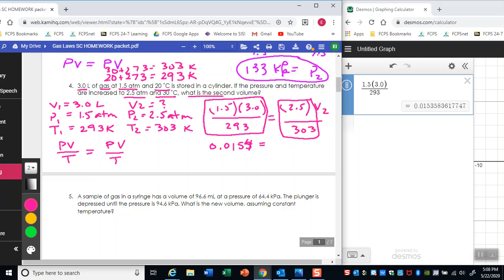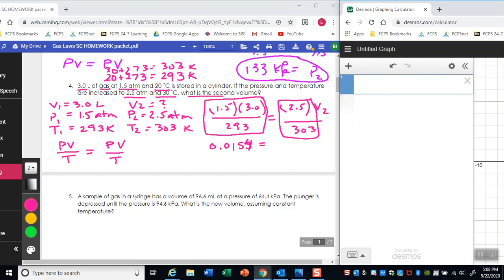And then now I'm going to find this number. That would be 2.5 divided by 303. I've got a decimal, so I'm going to start at the Pacific, fly over the zeros. There's 1, 2, 3, so I'll stop at the 5.